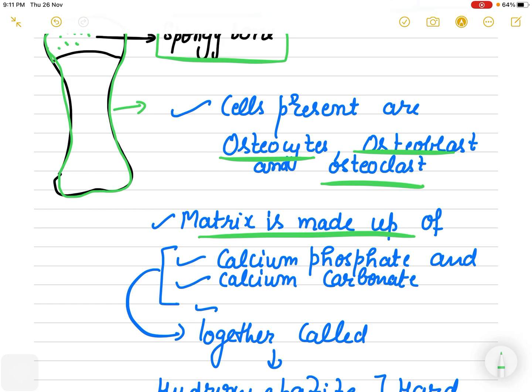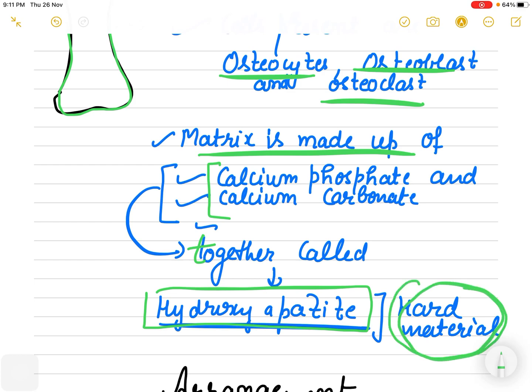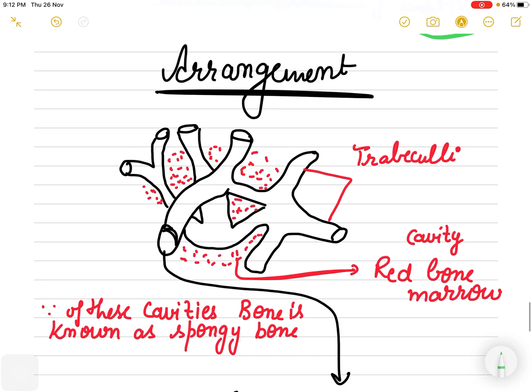Matrices will be the same. Again, calcium phosphate and calcium carbonate, and together they are called hydroxyapatite. Hard material, very very hard. The matrix is very very hard, and sometimes it is known as hydroxyapatite. Now let's look at the arrangement.